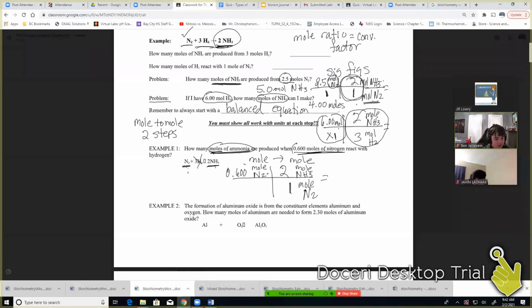And dividing by 1 doesn't change it. I need 3 sig figs, so I would need to say 1.20 moles of ammonia. Does anybody have any questions about where any of those numbers came from? Because this is the most basic thing. You got to get this before we can move on.